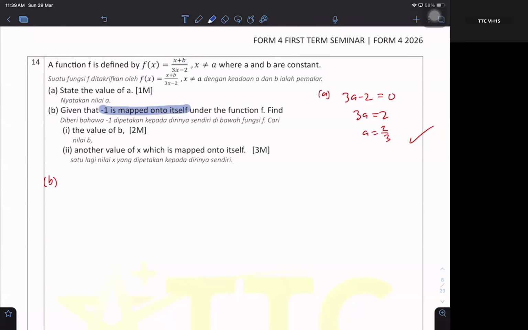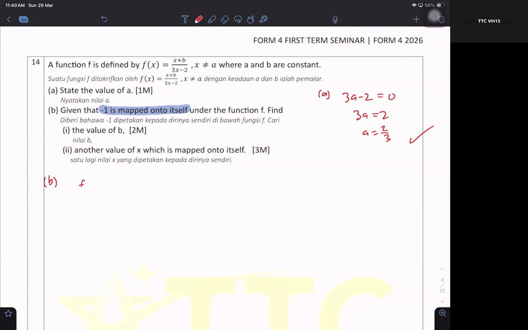-1 maps onto itself. Again, you have this question, maps onto itself. What is map onto itself? Map onto itself, f(x) equals x. Everyone knows that. But in this question, you shouldn't write f(x) equals x.